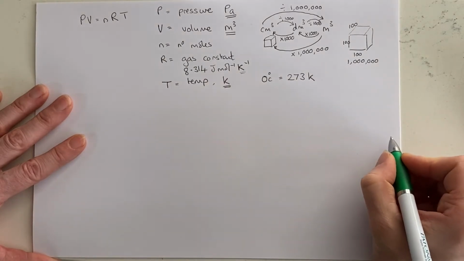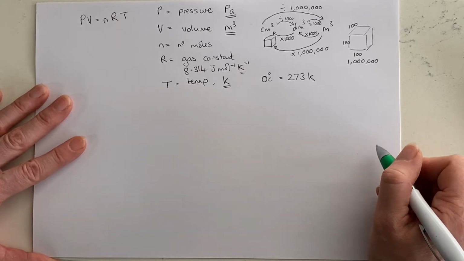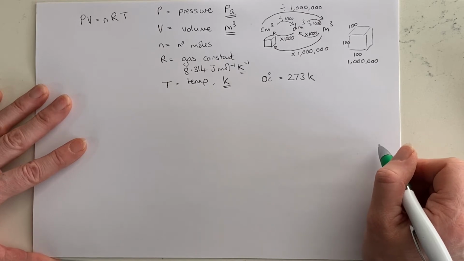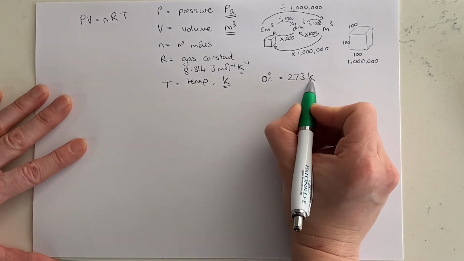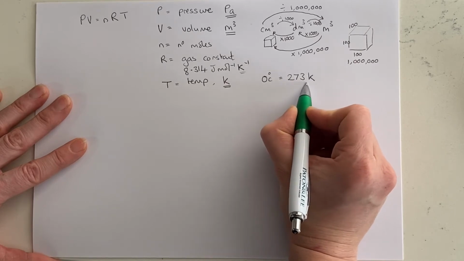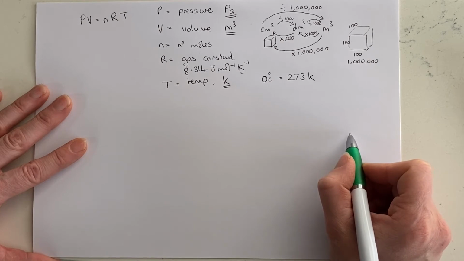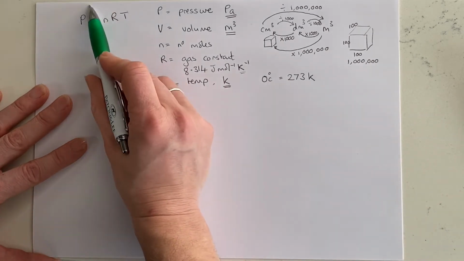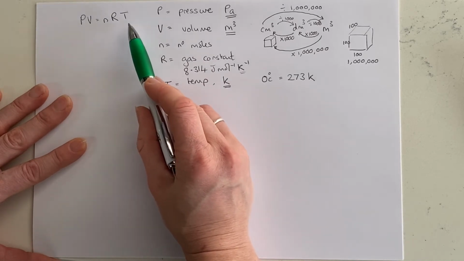So Kelvin is what we call the SI unit for temperature. That's the official scientific unit for temperature that we should use. So if you want to work out your temperature in Kelvin, you add 273 to whatever your value is in degrees C.